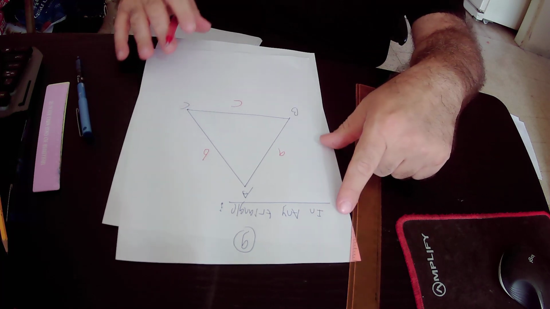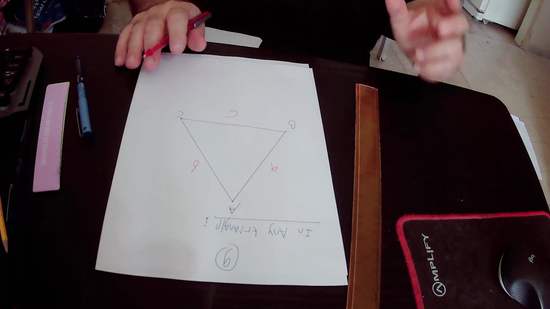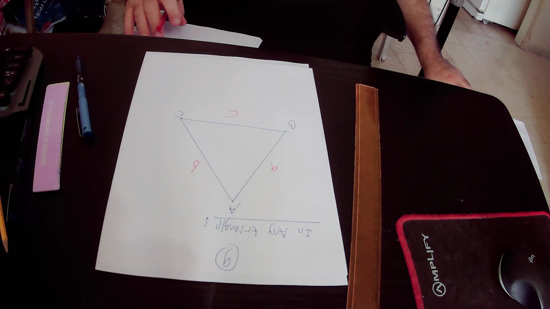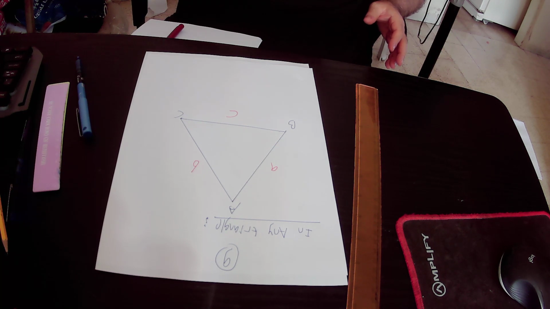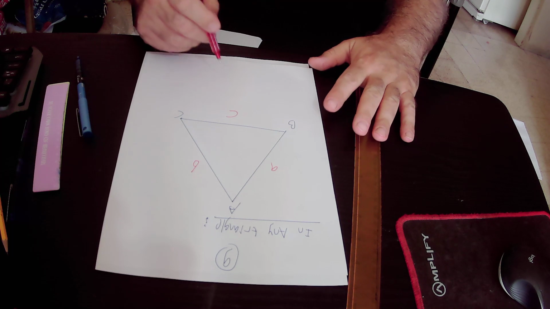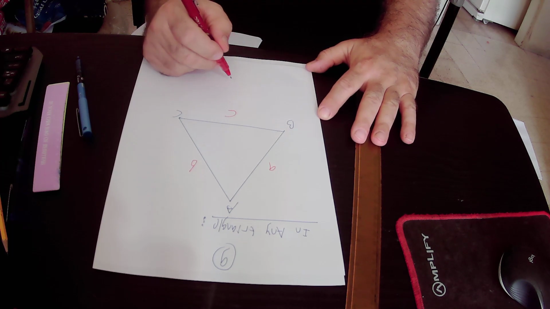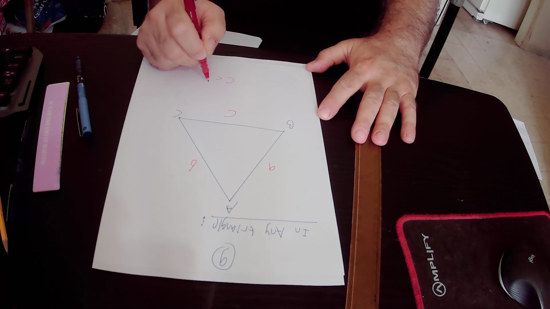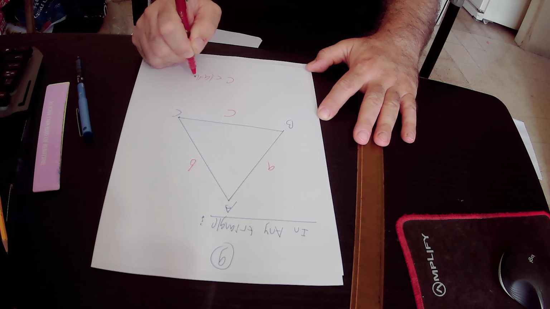Then the rule states that the sum of two sides of a triangle will always be bigger than the length of the third side. That is to say, C will be smaller than A plus B. That is from one side.